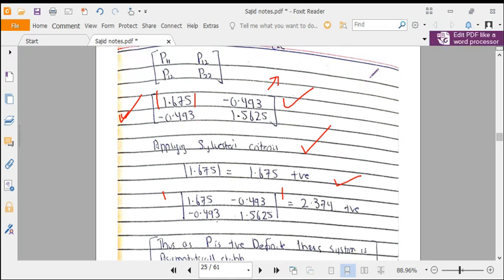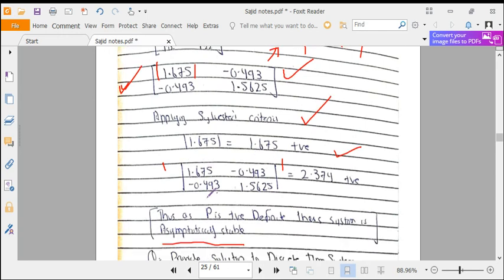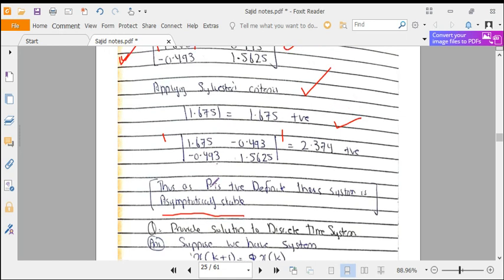We can find the eigenvalues by taking the determinant of A minus lambda I, and if the eigenvalues come out to be positive, then this matrix is positive definite. So we can use that method as well, but here we have used the Sylvester criteria, and you can search about the Sylvester criteria a bit more to understand this concept.